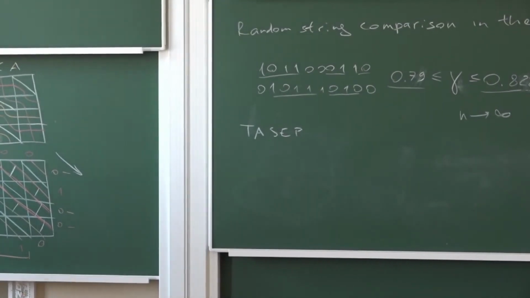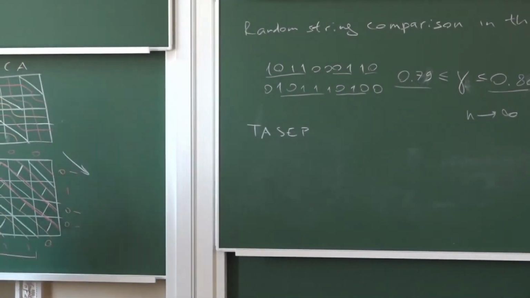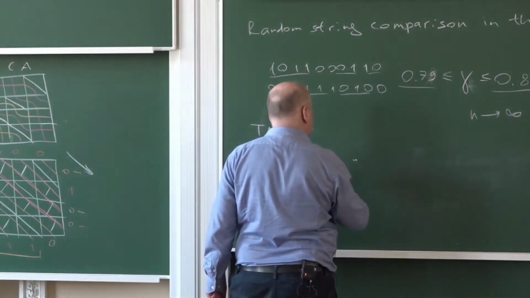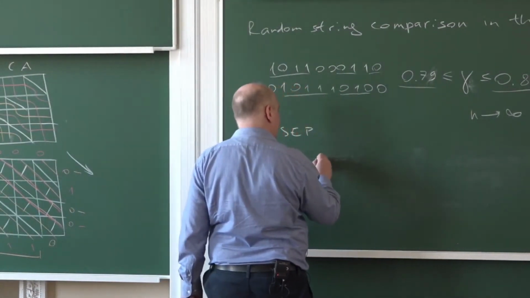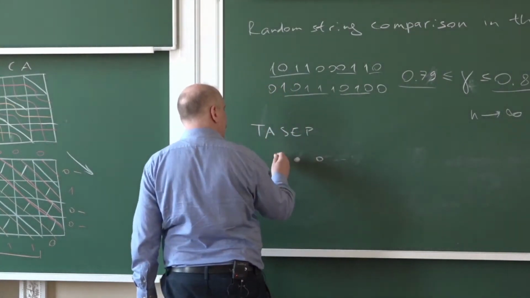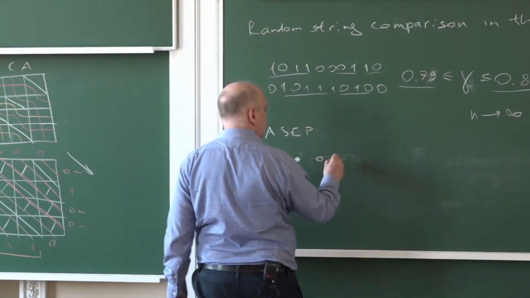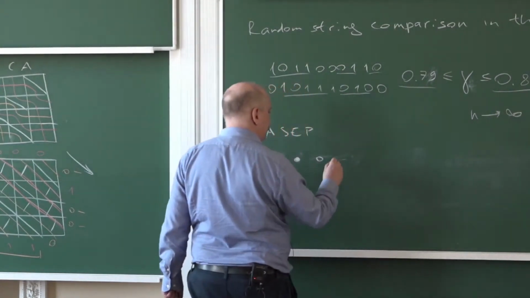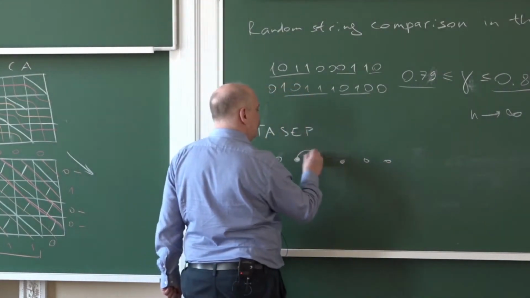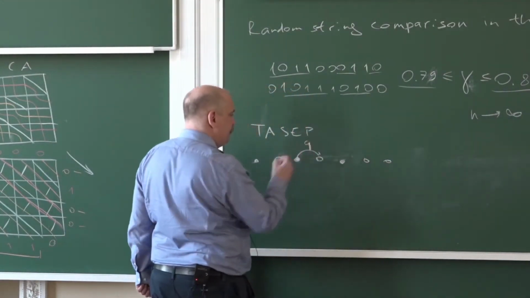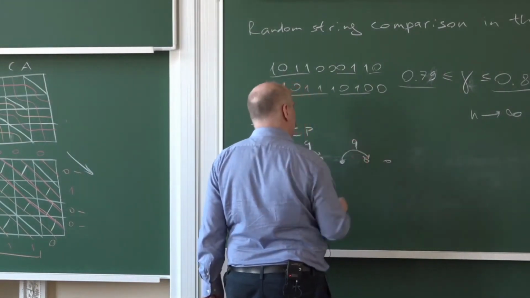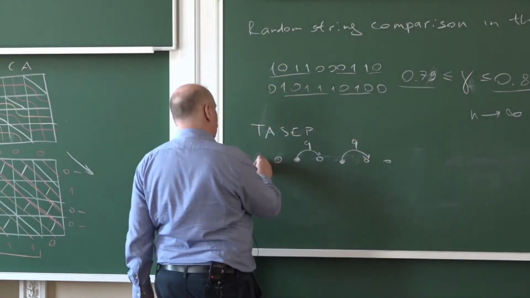You have an array of sites which can either be empty, a hole, or contain a particle, and particles jump to the right with some probability q if there is a hole to where the particle wants to jump.